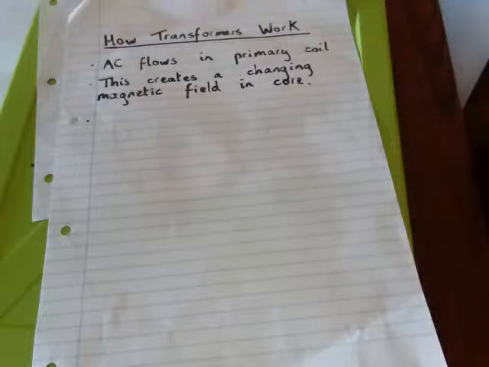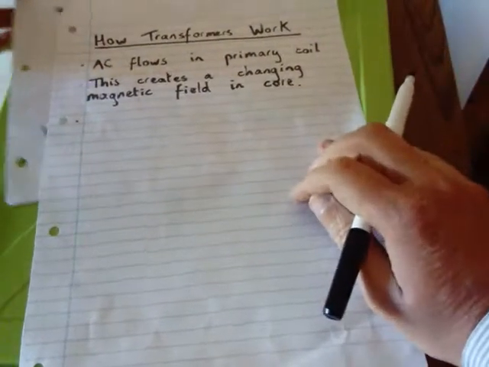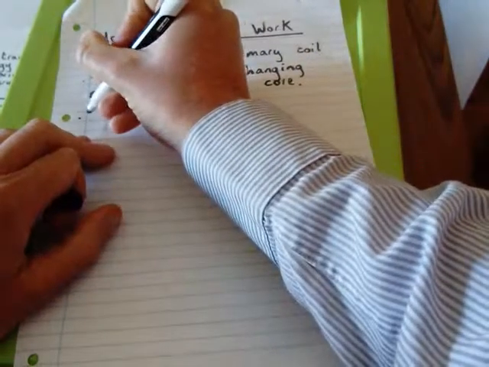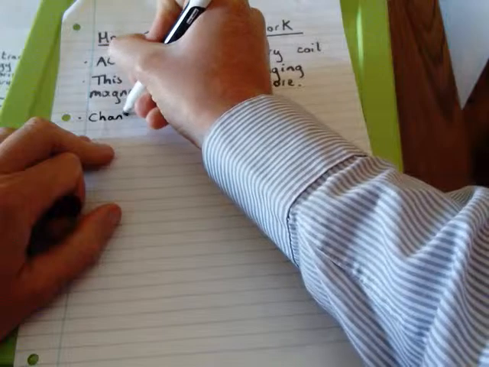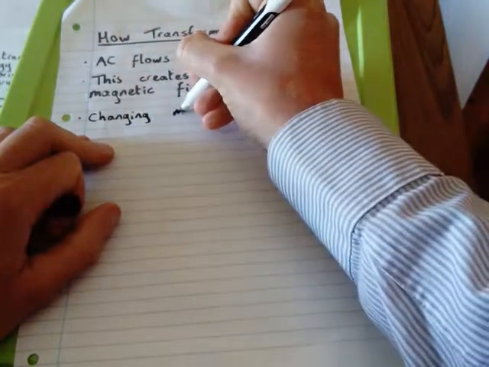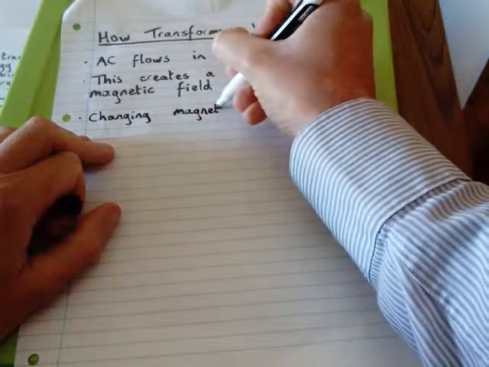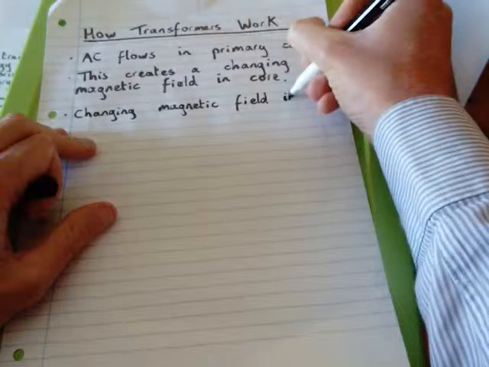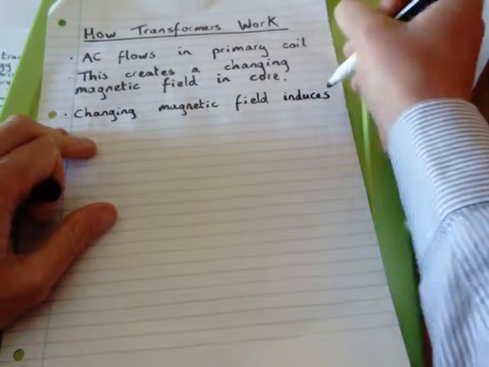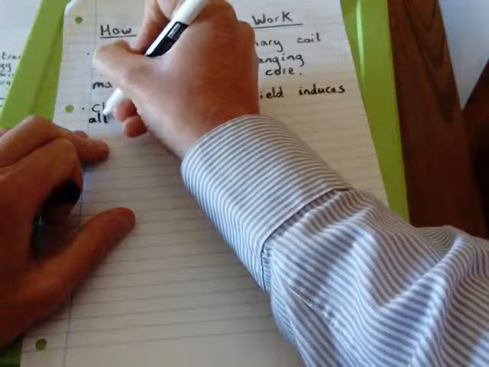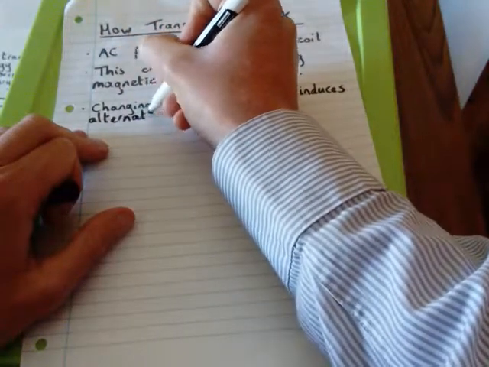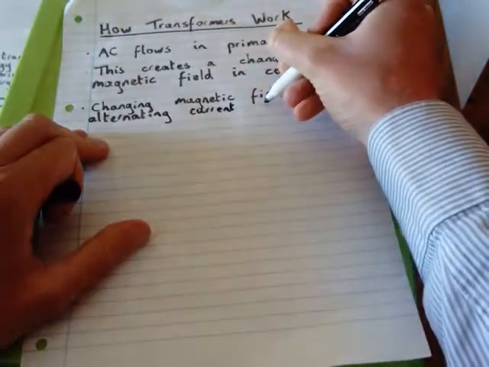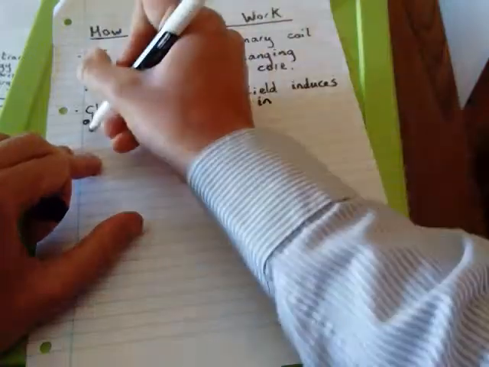Now we just need to describe what effect that will have on the secondary coil. We're going to bring in the word induces here. Changing magnetic field induces alternating current in secondary coil.